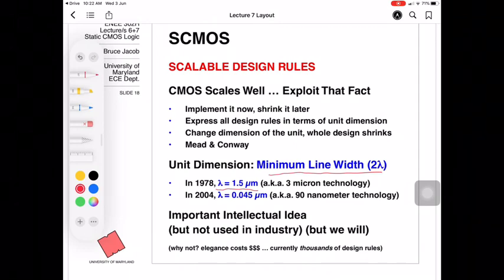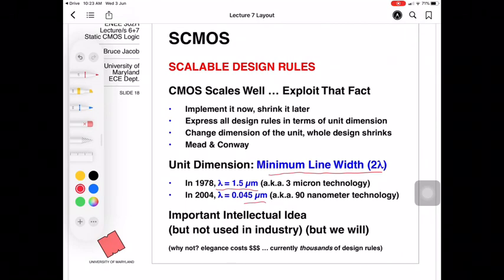As time progresses, in 2004, lambda is reduced to 45 nanometers, so the minimum line width is 90 nanometers.